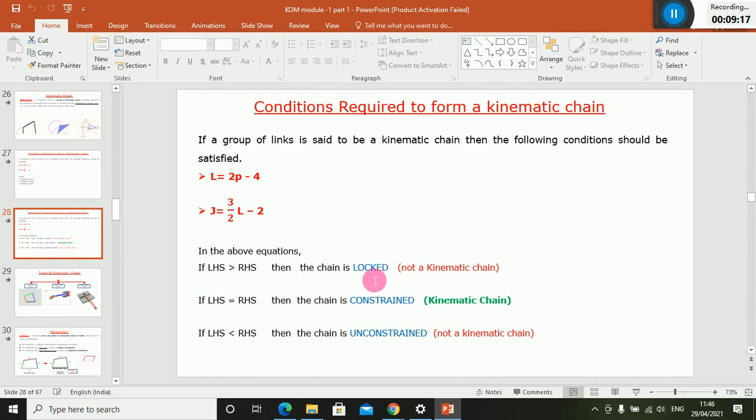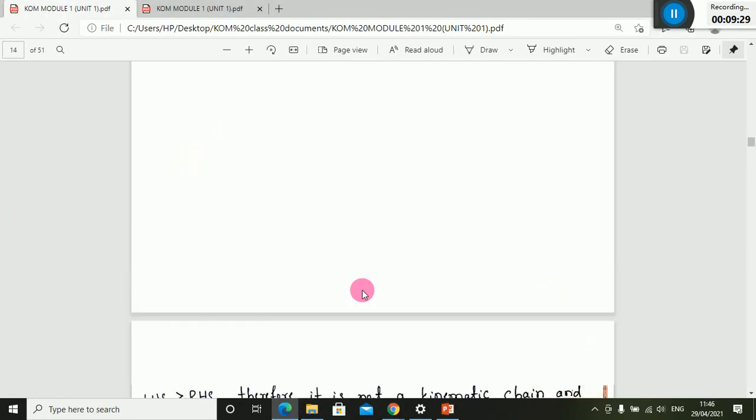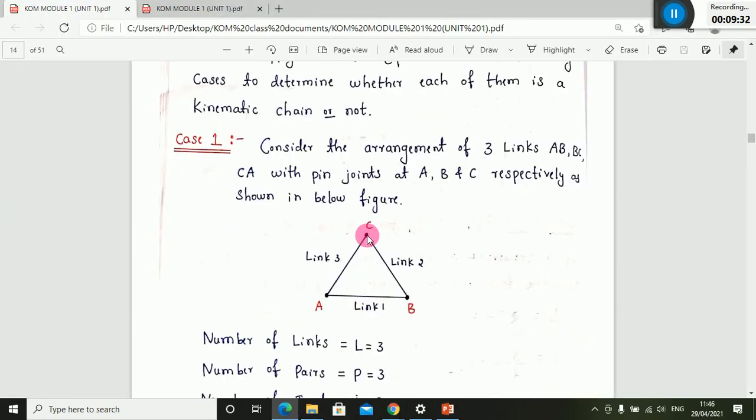It is not a kinematic chain, but it is a locked one. Because just try at home to construct this triangular kinematic chain using wooden sticks or metallic sticks. Just make a joint like this, and try to give the input to link 2. You'll not get any output because it is completely locked.